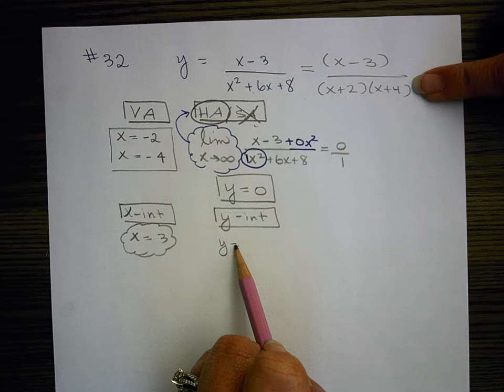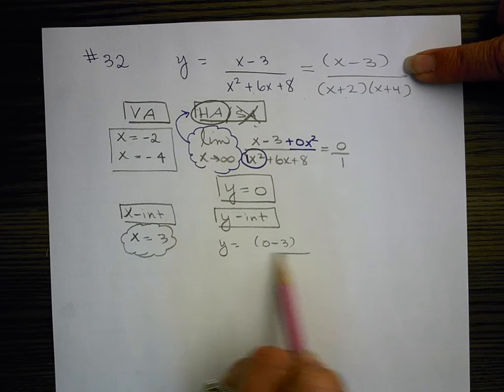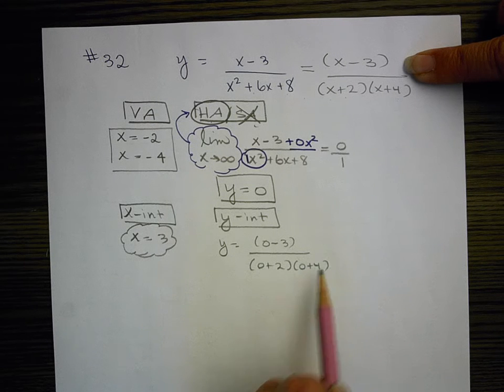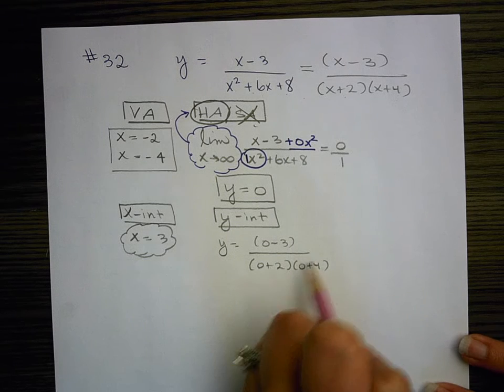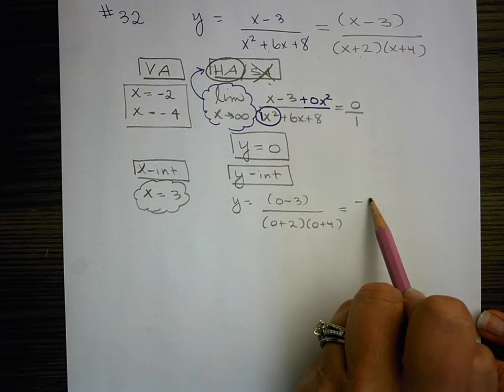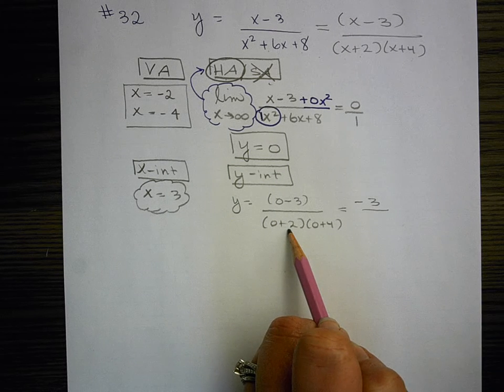So I'm going to take that equation and replace every x with 0. And so what does that give me? That would be negative 3 over 2 times 4, which is 8. So negative 3/8.